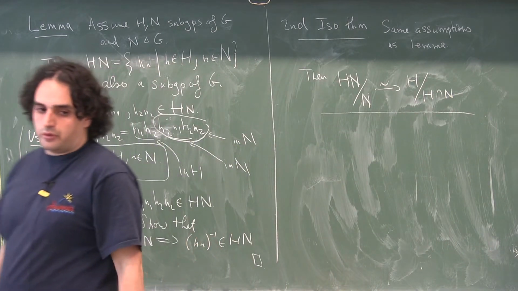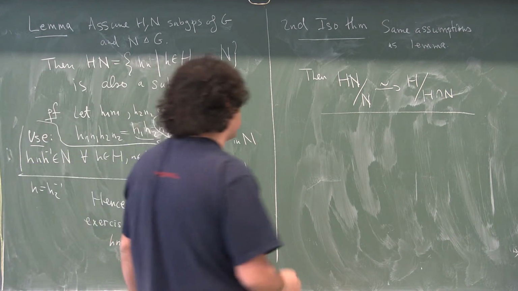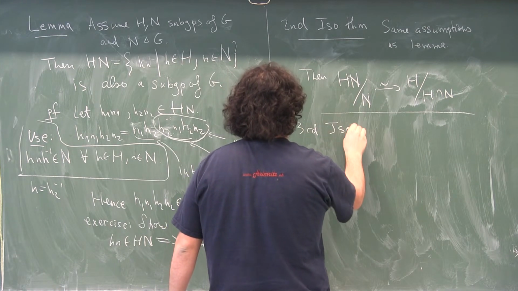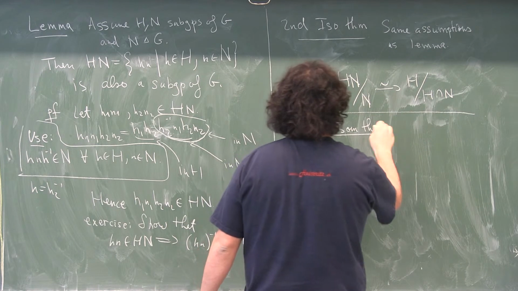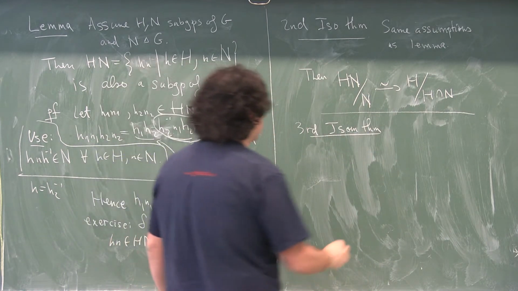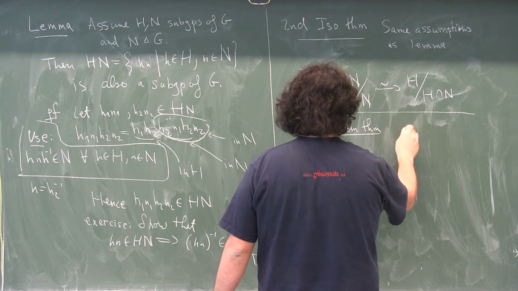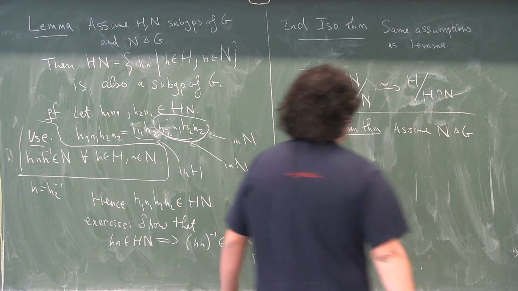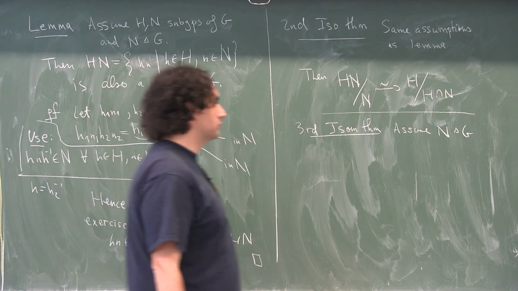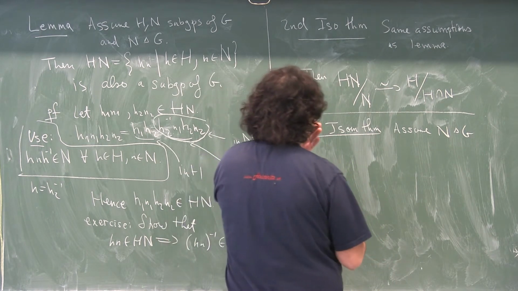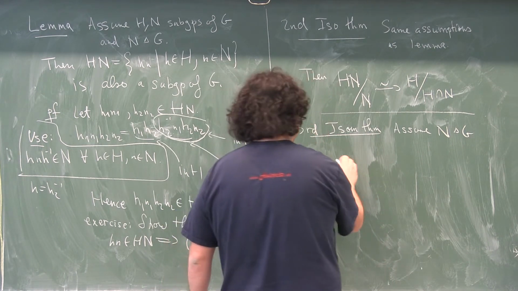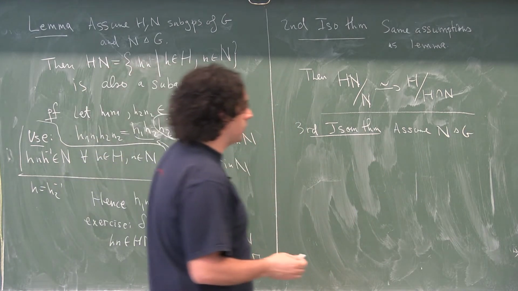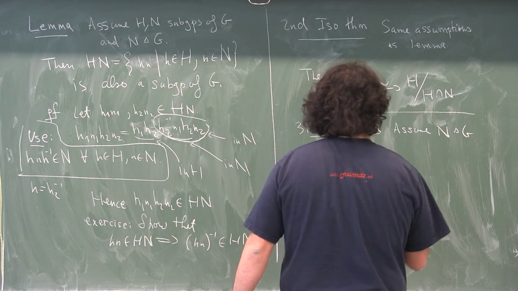Now we come to the third isomorphism theorem. Okay, so now assume I have a normal subgroup N of G. What I want to do is get into a situation where I have a double quotient.